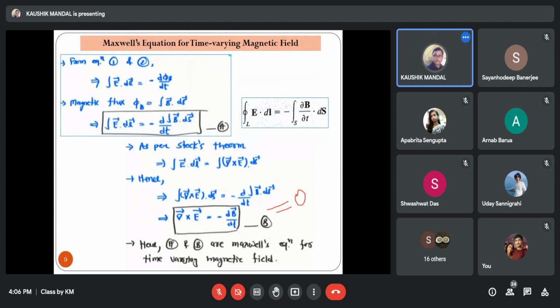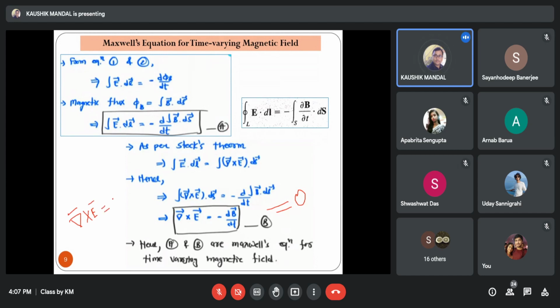So equation A is the Maxwell's equation for the time varying magnetic field in integral form, and equation B is the Maxwell's equation in differential form for the time varying field. Its corresponding equation for the static field is curl E equal to 0, which we have already derived previously.